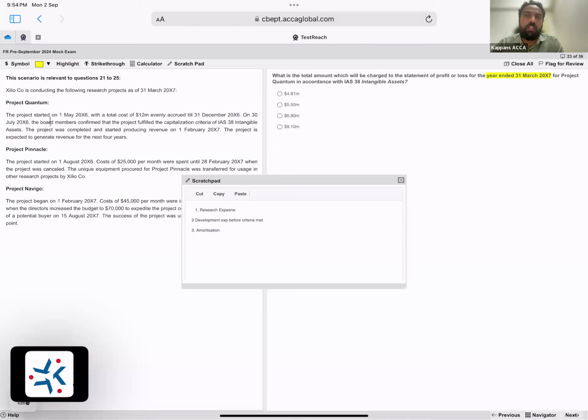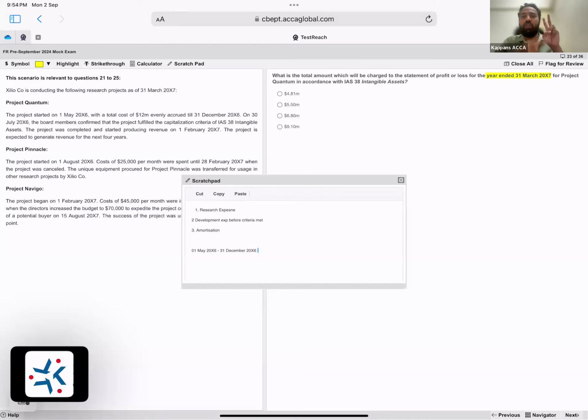The project started on 1st May X6 with a total cost of 12 million evenly accrued till 31st December X6. So 1st May 20X6 to 31st December 20X6. How many months are there?